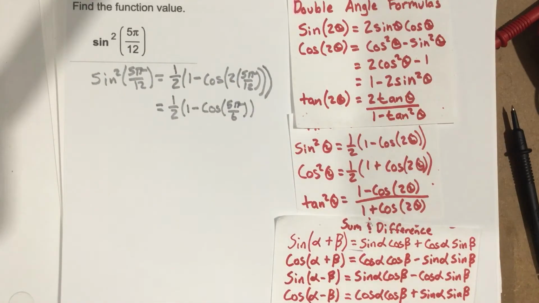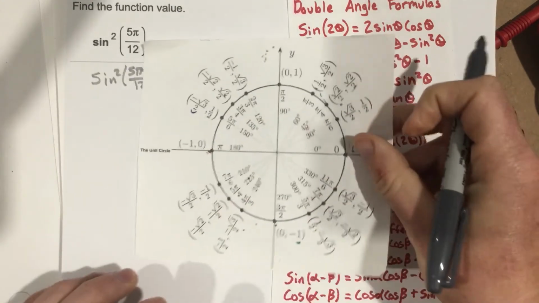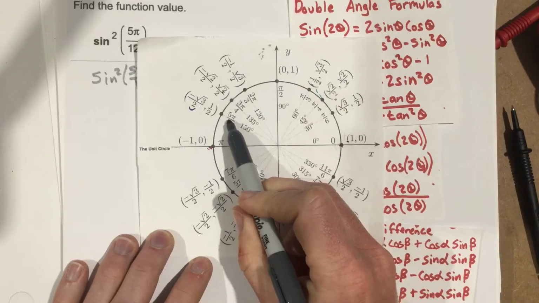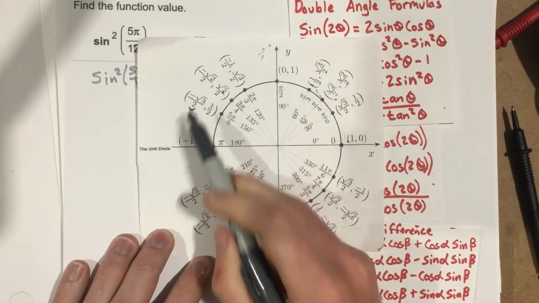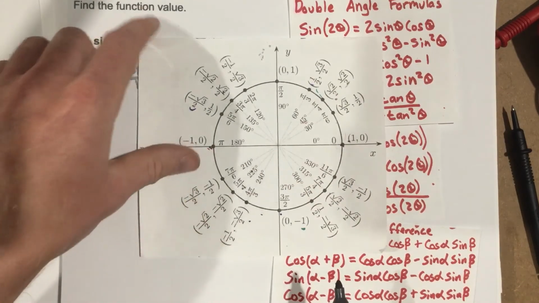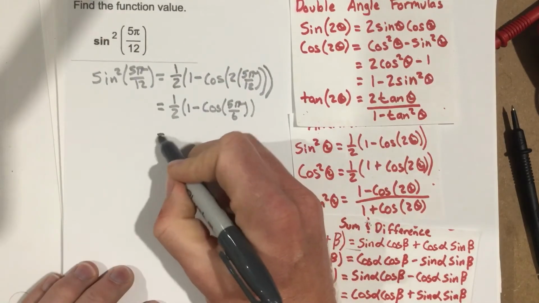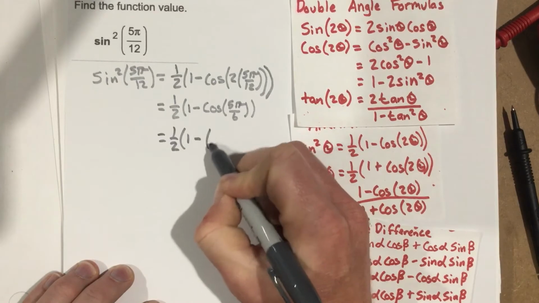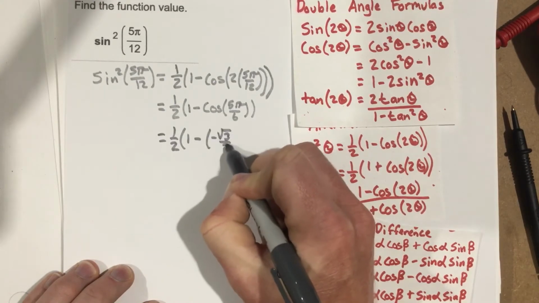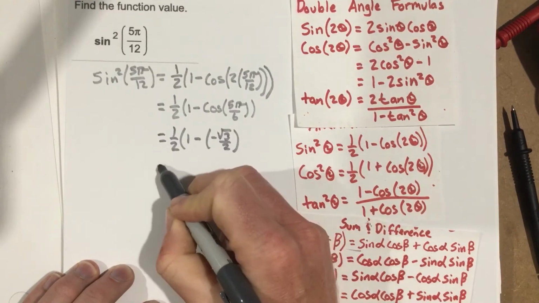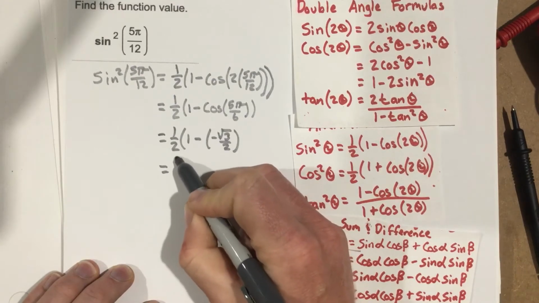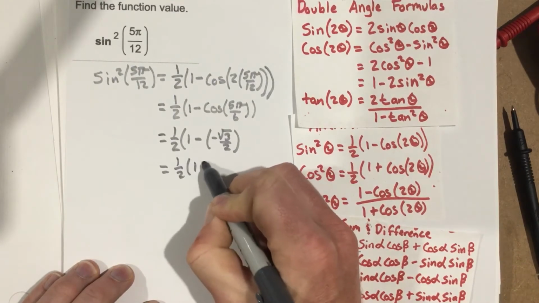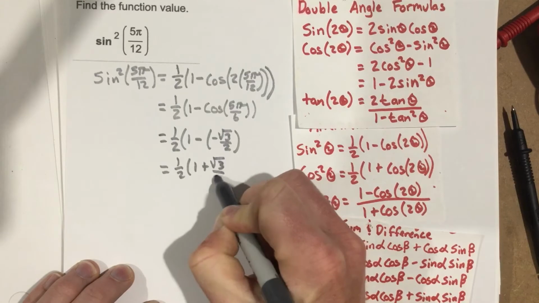I can bring out the unit circle and evaluate cosine of 5 pi over 6, which is negative root 3 over 2. So this is now 1/2 times (1 minus negative root 3 over 2), so that's actually 1/2 times (1 plus root 3 over 2).